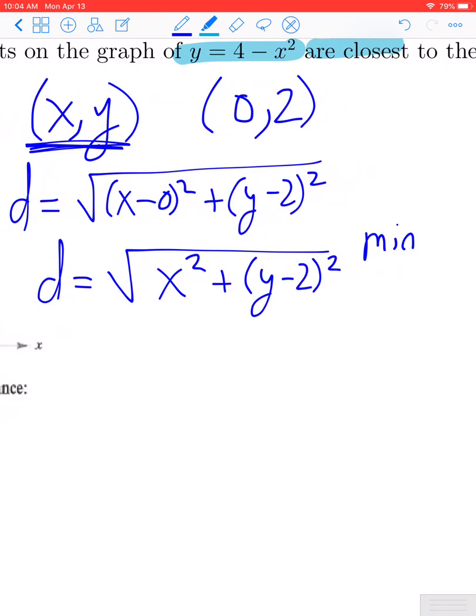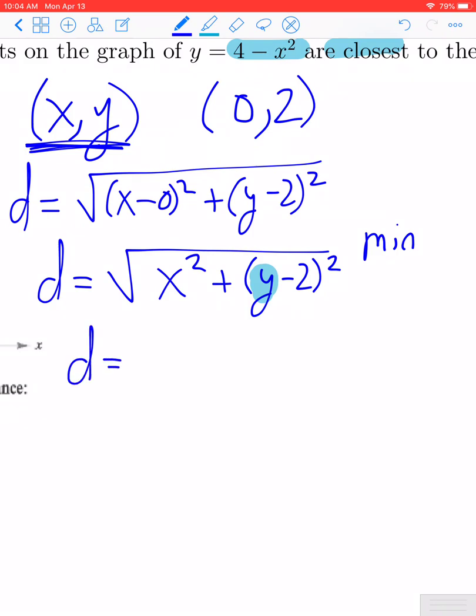Well, what that will give us is an opportunity where everywhere you see the expression for y in our distance formula, we can replace y with 4 minus x squared, and that will give us a function of a single variable.